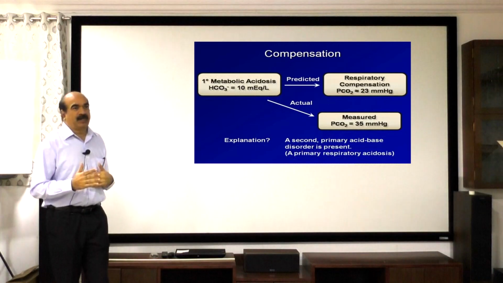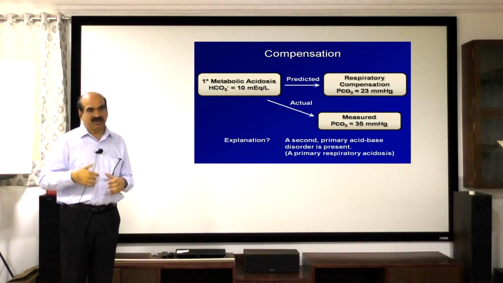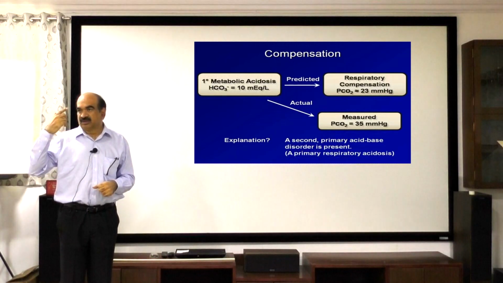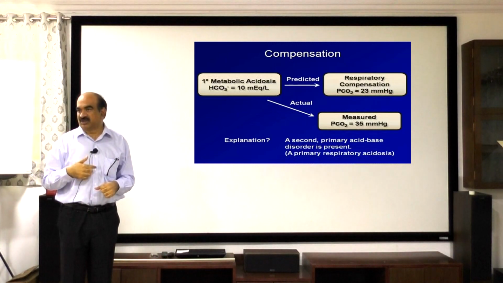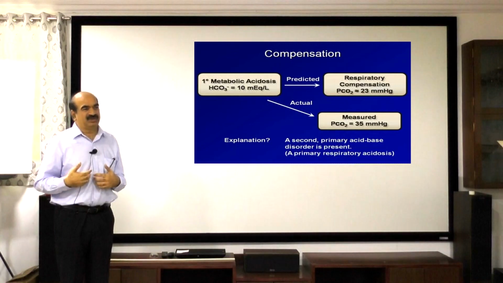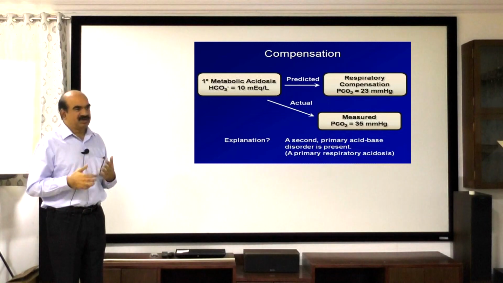Respiratory acidosis means hypercapnia, high CO2. High CO2 can occur by four mechanisms: a central cause, a neuromuscular cause, decreased chest wall compliance, decreased lung compliance, or acute airway obstruction.